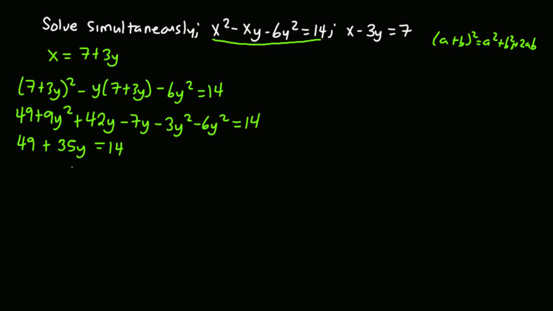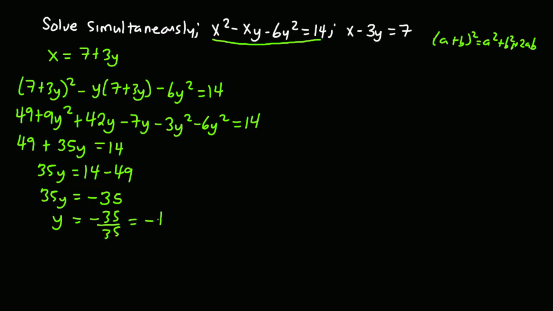So let's go ahead and make y the subject. So we have 35y giving us 14 minus 49. And so this will give us 35y is equal to negative 35. And so y will be equal to negative 35 divided by 35, which will give us negative 1.